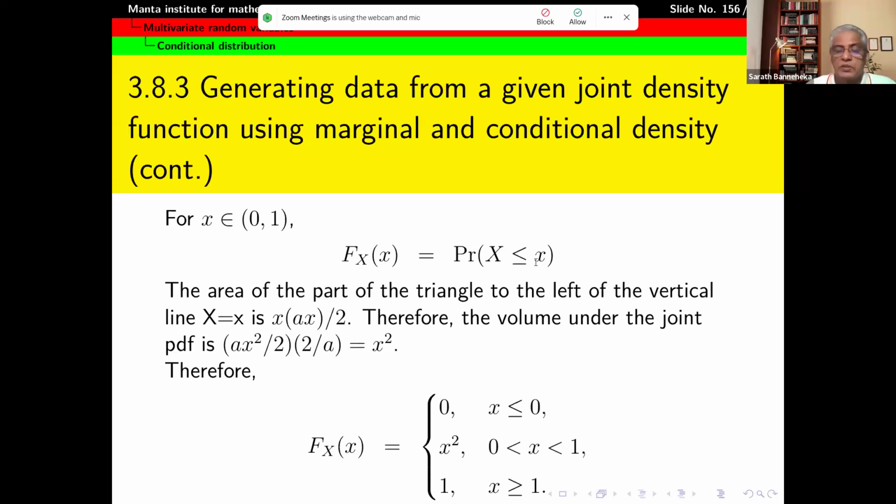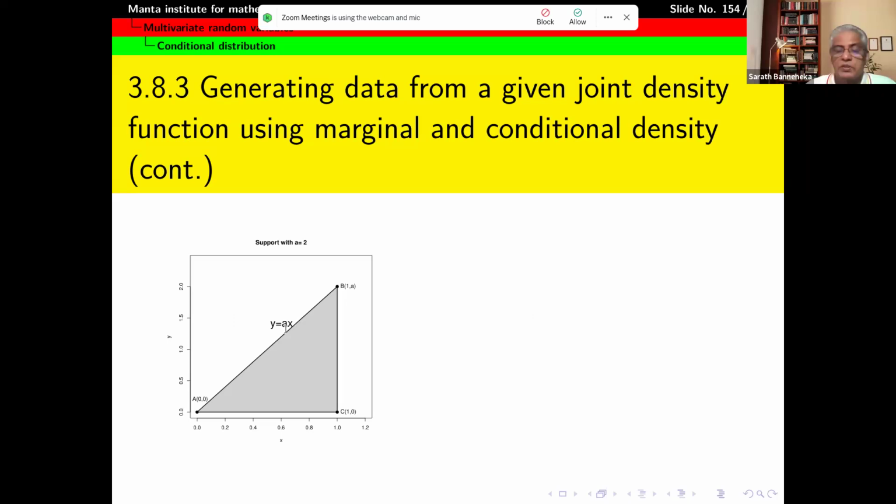So we are looking at the volume under the joint density for the region where x is less than or equal to simple x that we are considering here.